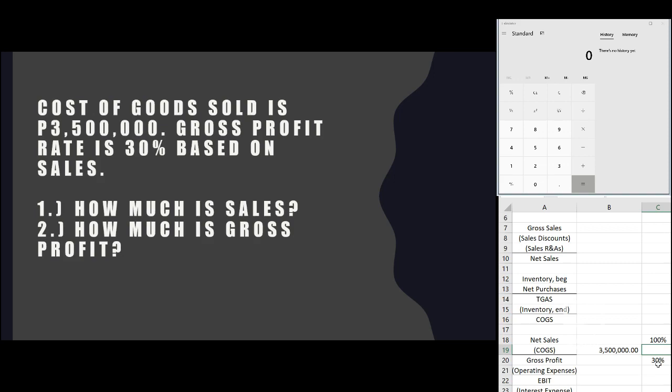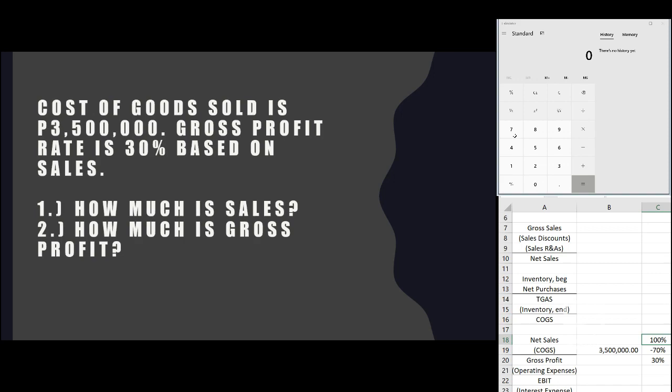Whatever the basis is, automatically yun yung magiging 100%. Okay? So, if itutuloy natin to, obviously, makukuha na natin cost of goods sold will be 70%. Because 100% minus 70%, ayun yung formula, di ba? Net sales minus cost of goods sold equals gross profit. 100 minus 70 equals 30%. So, 70% yung cost of goods sold natin.